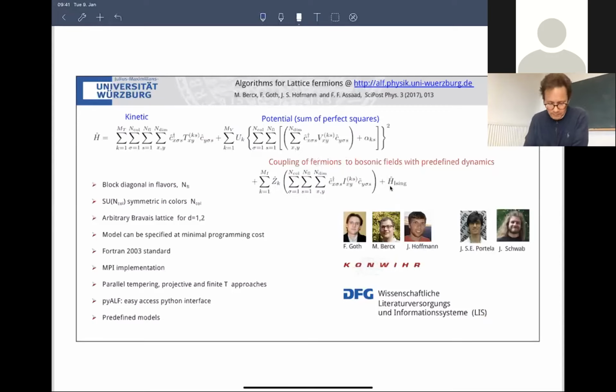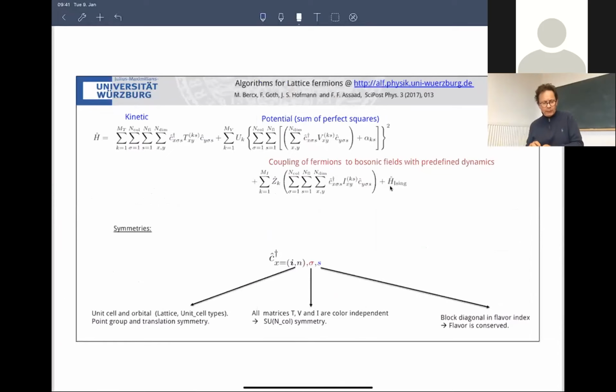So to tell you how this works, let me start off a bit with symmetries, right? You see that we have fermion operators here, and these fermion operators have a bunch of indices, and these indices are important because they tell you how we think about implementing the model.